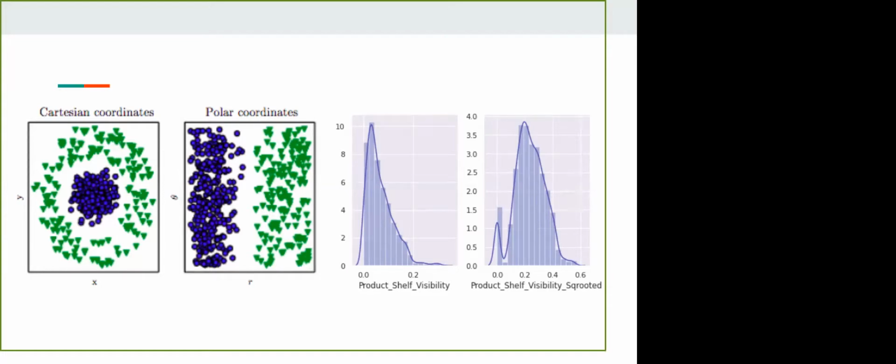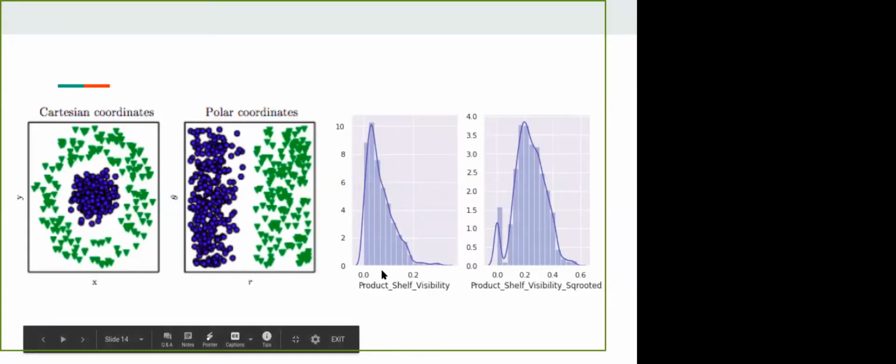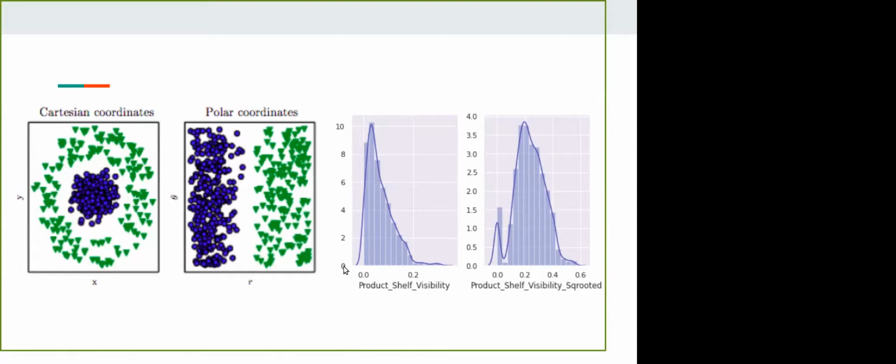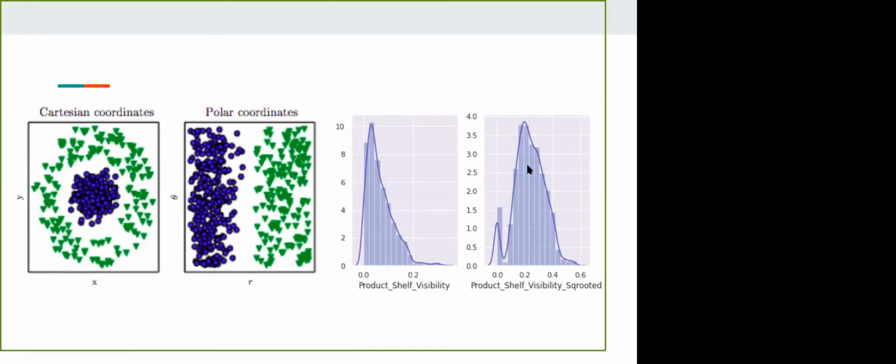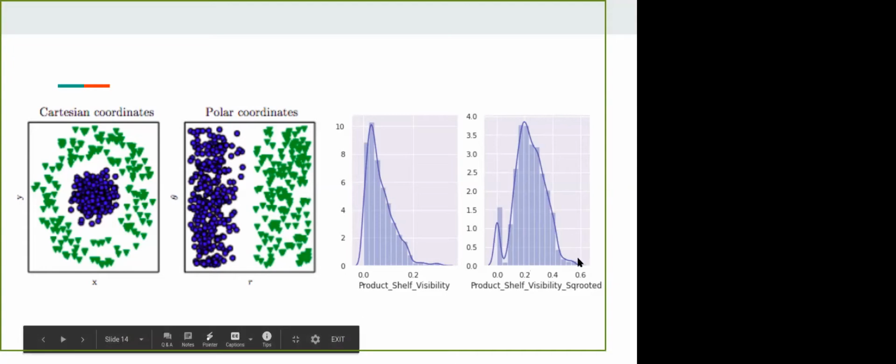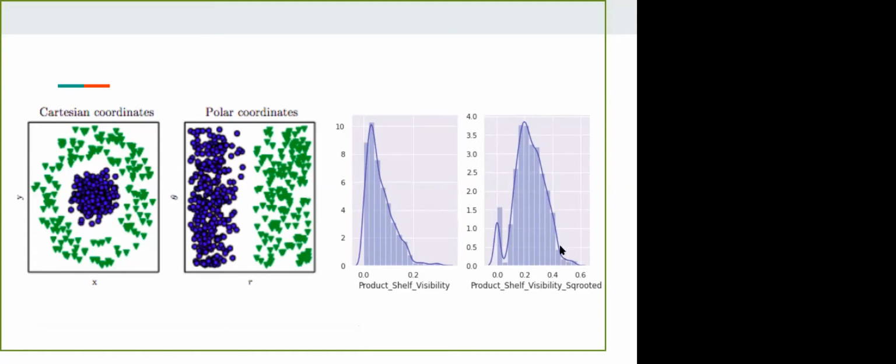In this case, our data is skewed to the right, so we could perform the square root transformation and get it cleaner. See, this is not as skewed as this one, and it's closer to a Gaussian distribution, right?